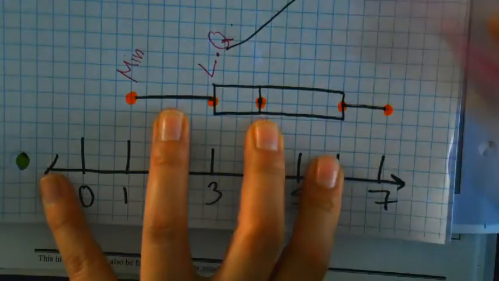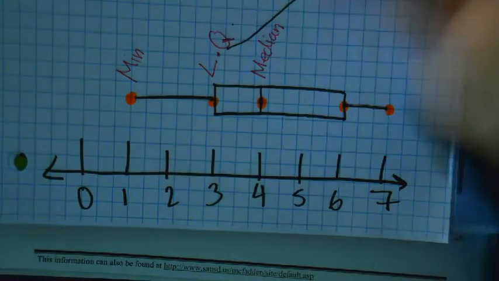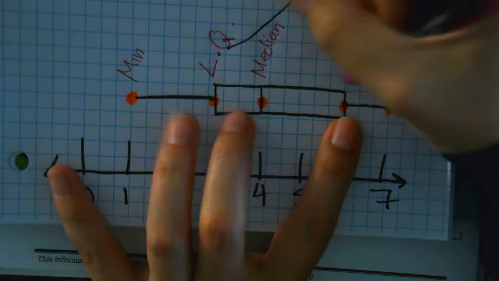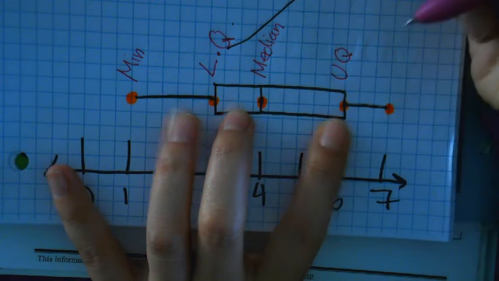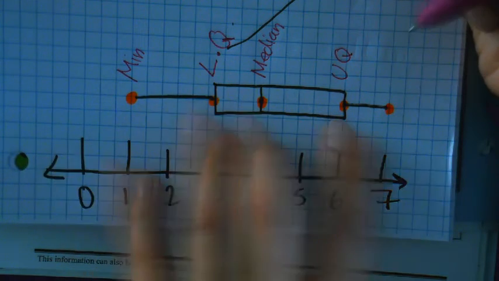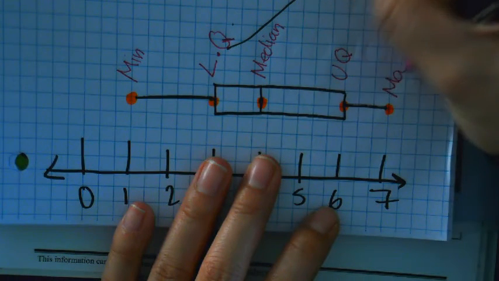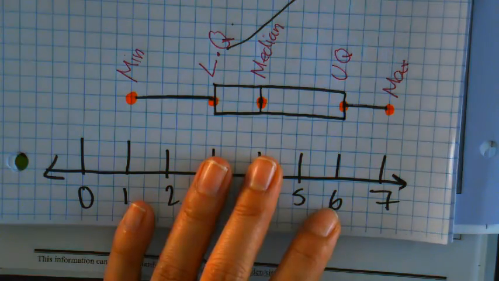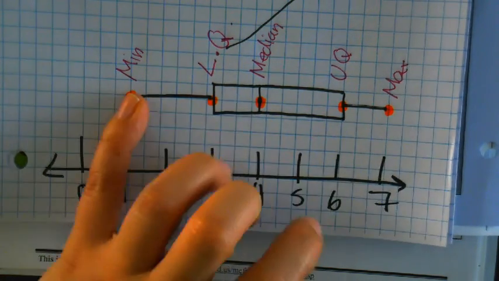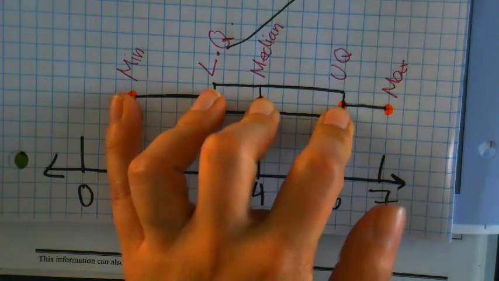Median. What is my fourth dot called? Upper quartile. What is my last dot? Maximum. So the dots are in order of your left hand: minimum, lower quartile, median, upper quartile, and then maximum.